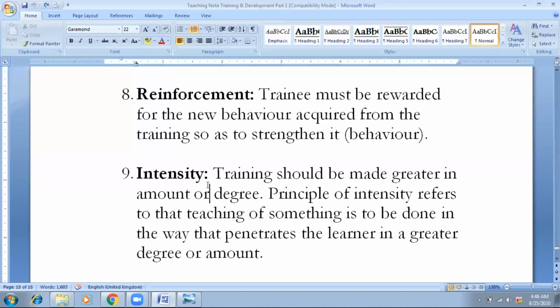Then at level 3, we can show an actual machine, and then we can give that actual machine to the trainee to touch and to operate. That's the third level. As far as the degree is concerned among these 3 levels, the third level has the highest level of intensity.